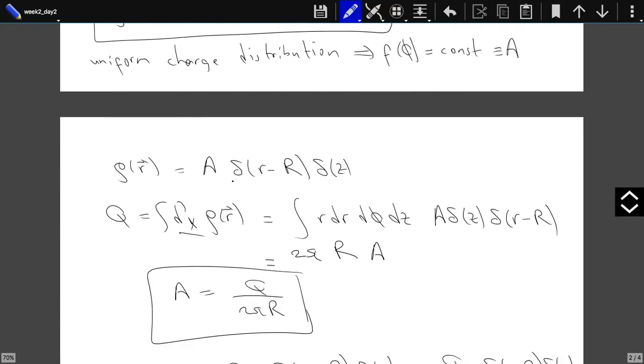Like if it is uniform, it will be just a constant which we need to determine, and that constant we can determine by requiring that the total charge, which is given by the integral of the charge density, is equal to the total charge of the object. So in all these examples, the steps we carried out are identically the same.